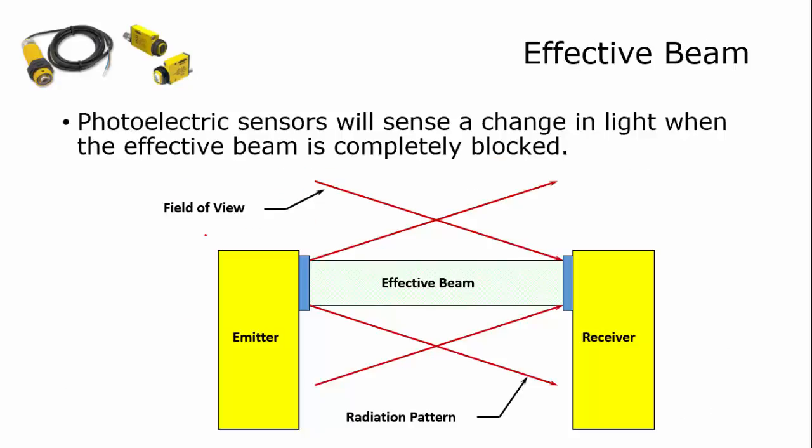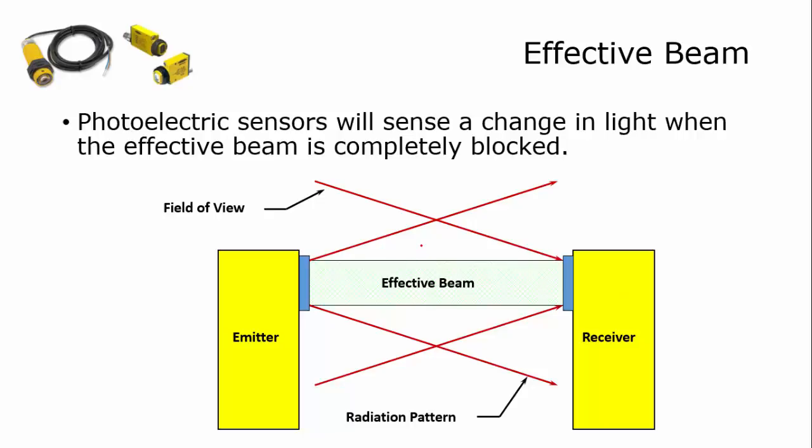They work really well. In fact, photoelectric sensors, no matter what type they are, will work and work efficiently only if you break what's called the effective beam. The effective beam, and you can see it here, is what is filling the lenses of this emitter receiver.